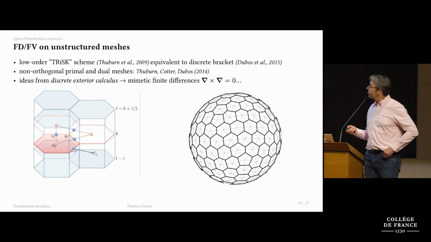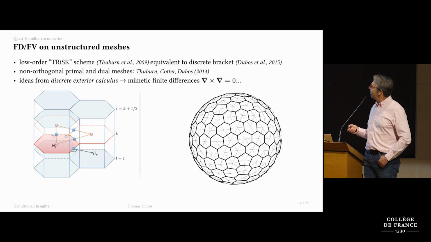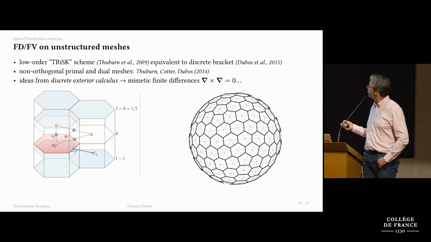So once this was recognized, it has been applied to various contexts. One is unstructured meshes, and you can also add some ideas from discrete differential geometry, where, for instance, you can decide that one way to represent the velocity field is to choose as discrete numbers the integral of the velocity along one of these triangle edges.